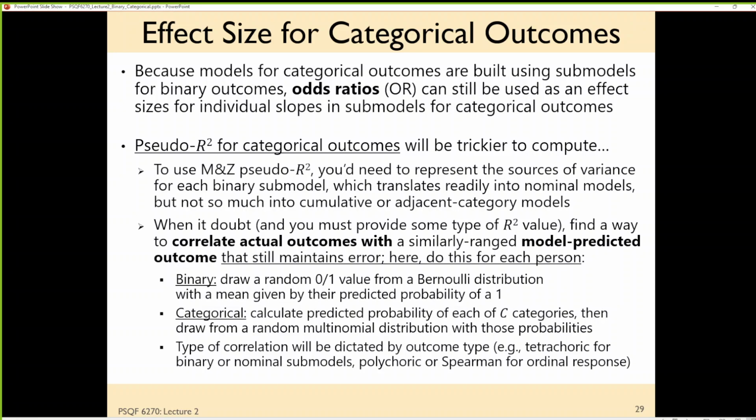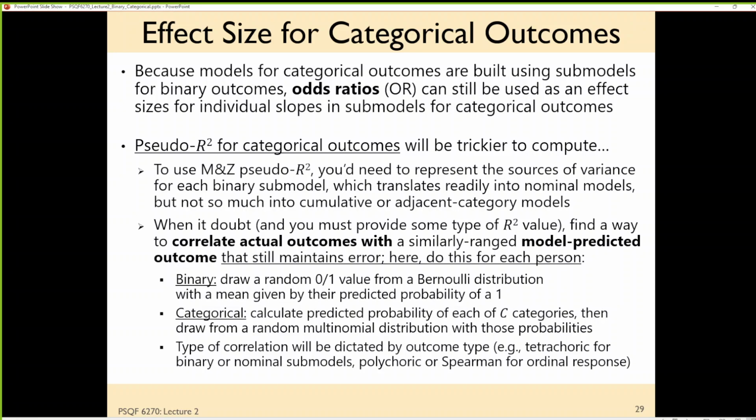To me, that is trickier because at the end of the day, each person does not have a predicted 0 or 1. They have a predicted probability. And to me, it is unfair to say, well, my predicted probability is above 0.5, so I'm going to call that a predicted 1, and my predicted probability is below 0.5, so I'm going to call that a predicted 0.